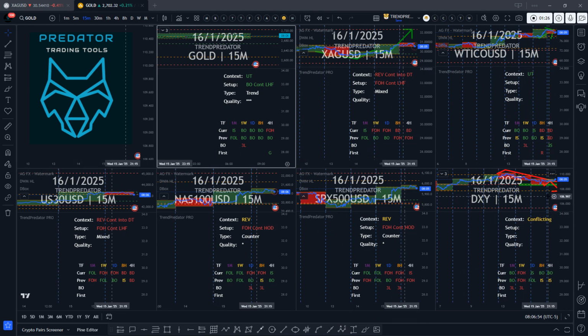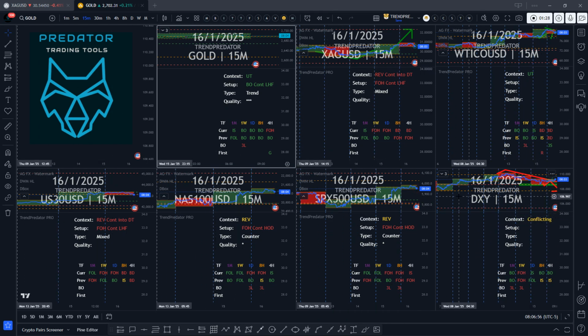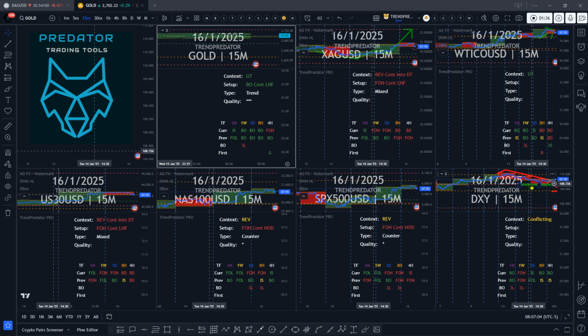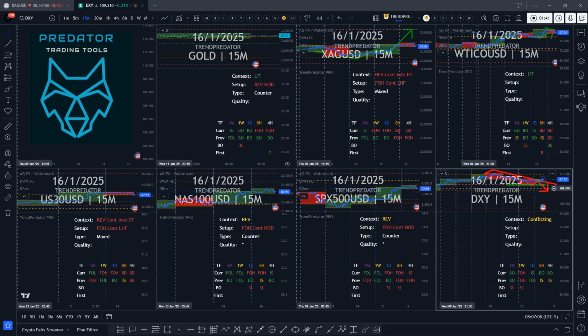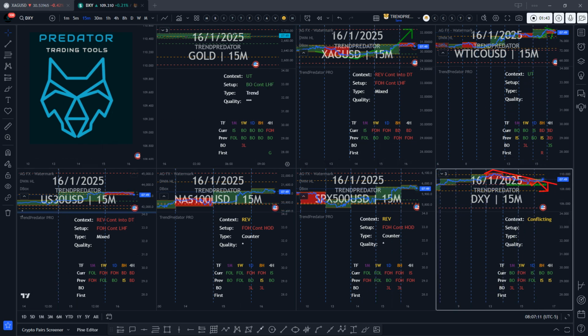So it's showing that the dollar is conflicting at the moment, DXY. Not that I trade that as an index or an instrument, but it gives me a feel for what the dollar is doing, and therefore I can apply that across other markets as well.